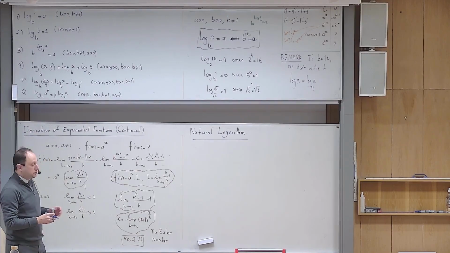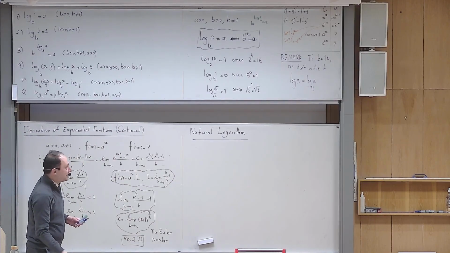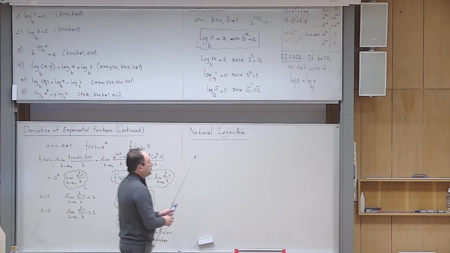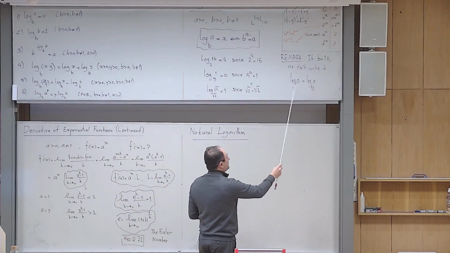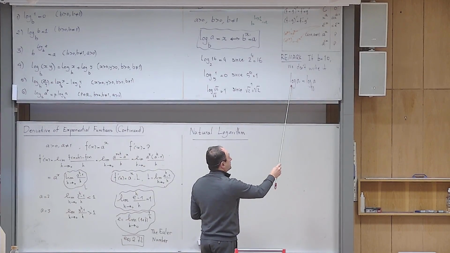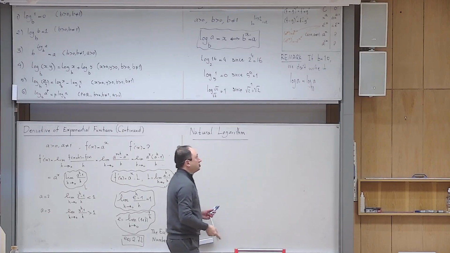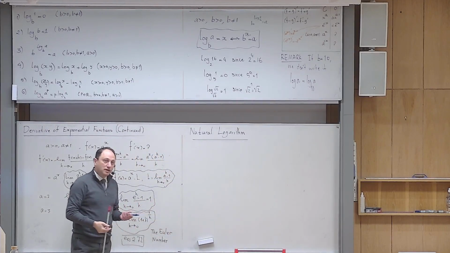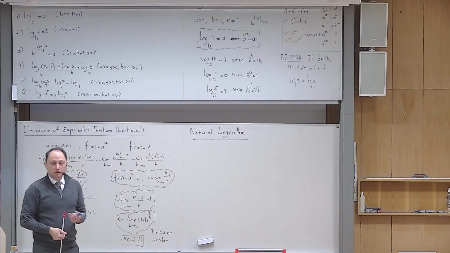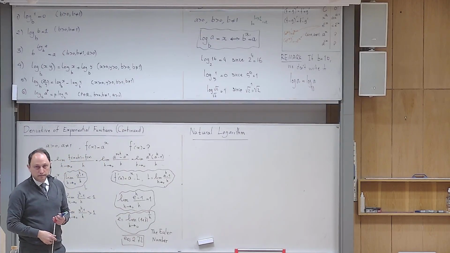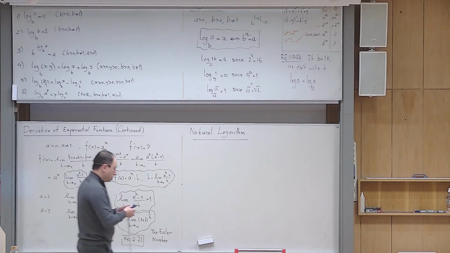Do you remember I told you that if the base is 10, we don't write it, and we use a simplified notation for that. Now, if the base is the Euler number, the logarithm is called the natural logarithm. As simple as that.